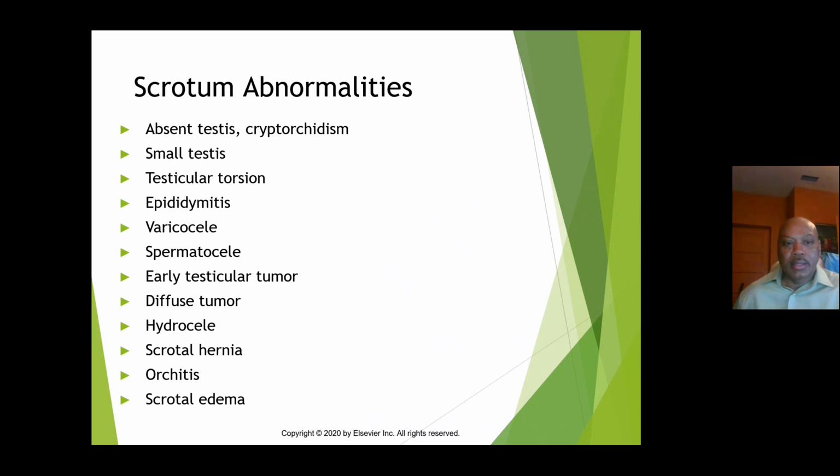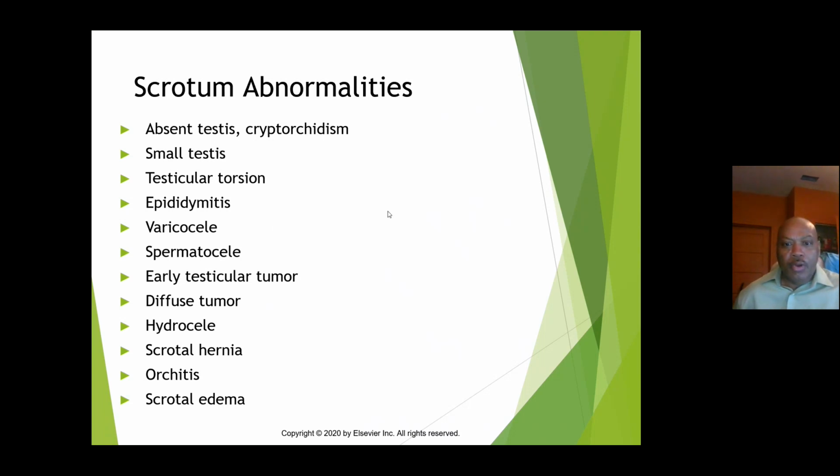There's epididymitis, or inflammation of the epididymis, varicocele, spermatocele as well, early testicular tumor, and so forth. So the whole list of conditions is noted in table 25.6. So just take a quick read of this information, kind of skim through it, unless I give you something more specific in a focus sheet, then you can focus a little more on those areas.